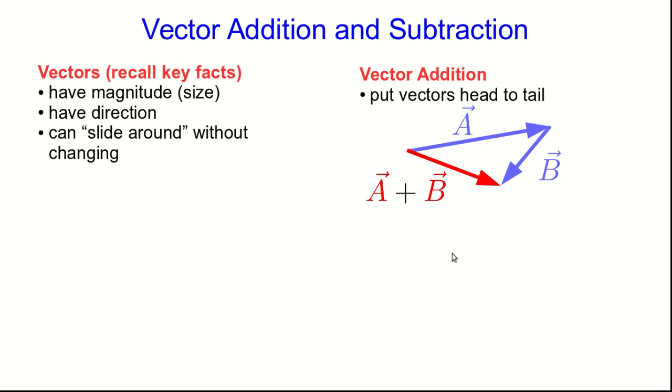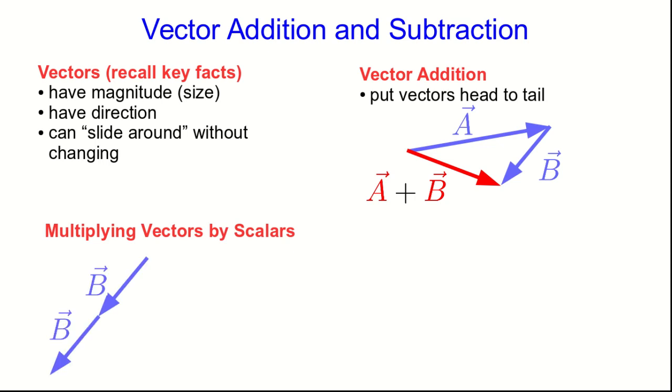What other mathematical operations can we do with vectors? Well, we will eventually see two different ways of multiplying vectors together, but we don't need that yet. But what we will need is how to multiply a vector by a scalar. And it's easy enough to see how it works. Suppose we take b and add it to itself.